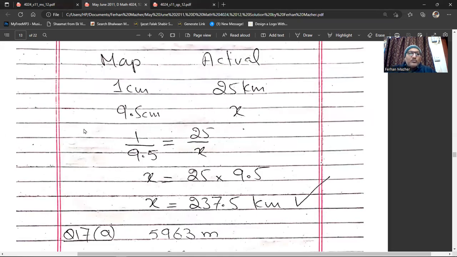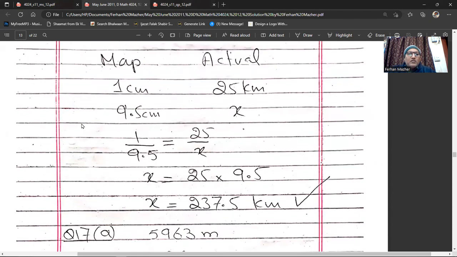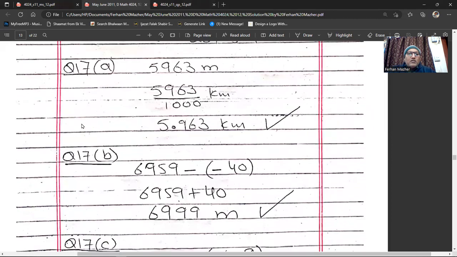So 5963 meters divided by 1,000 will be converted into kilometers. So it will be 5.963 kilometers. I have only moved the decimal 3 steps to the left.